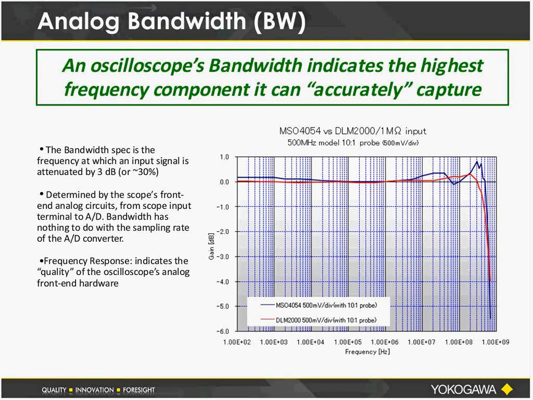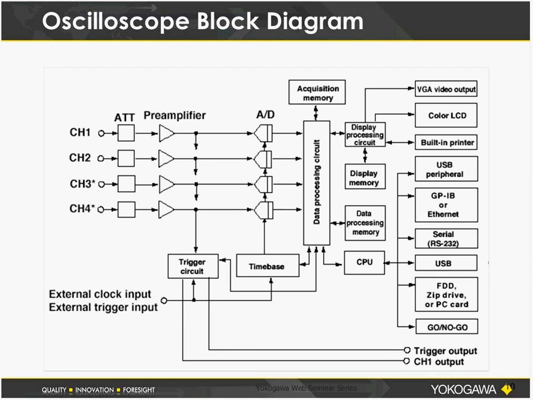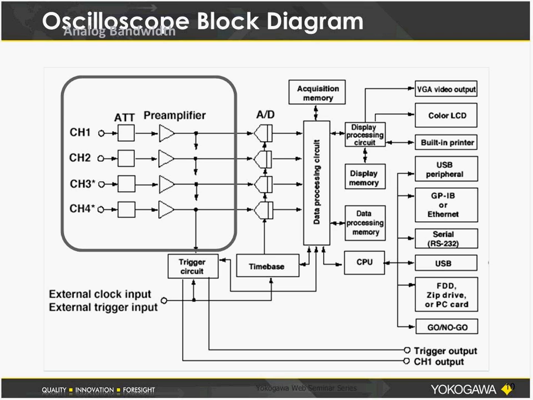So just like speakers, it's important to try and maintain flat amplitude performance across the frequency range. All right, so that kind of describes the front end of an oscilloscope, which influences its analog performance and how much bandwidth will not be filtered or attenuated into the instrument.